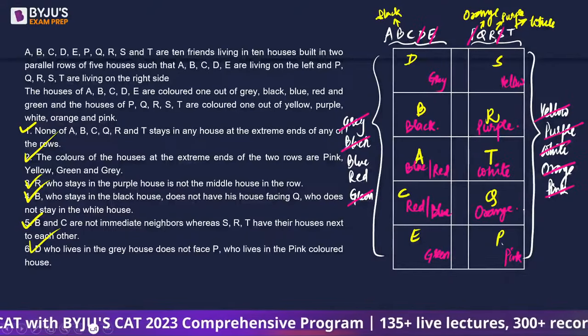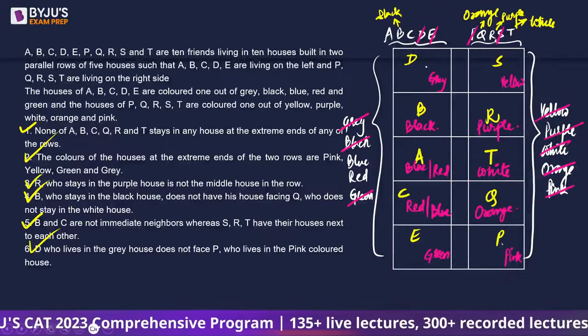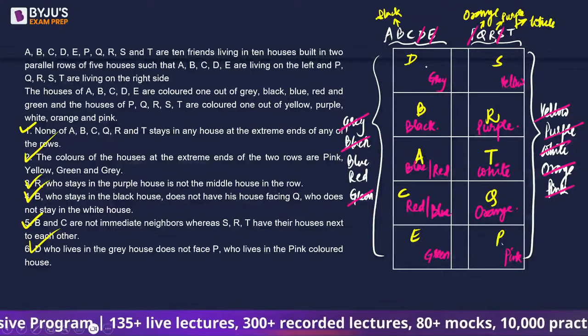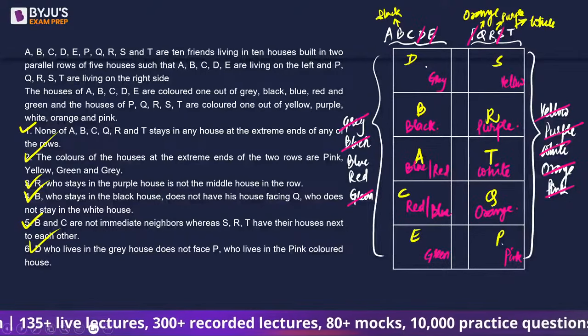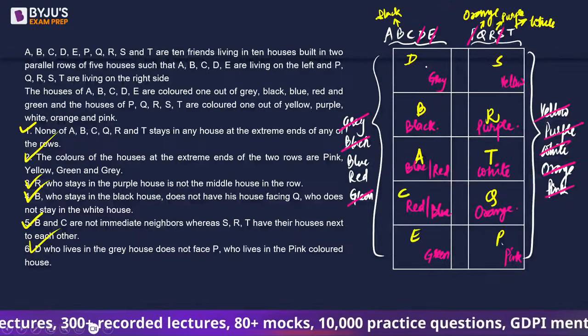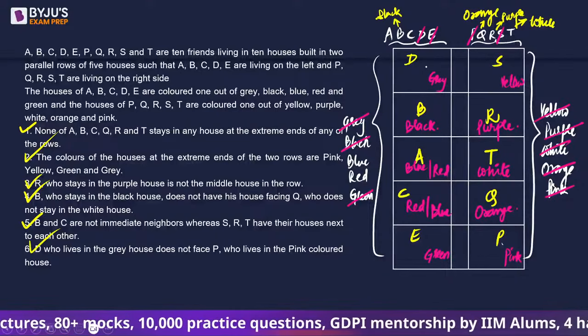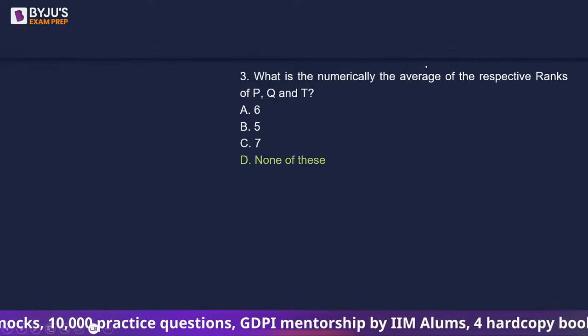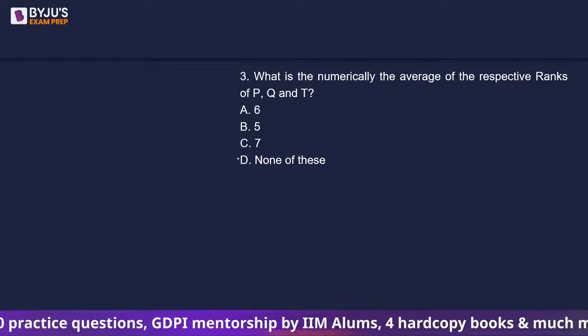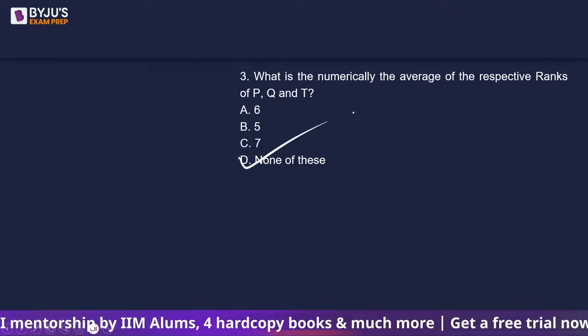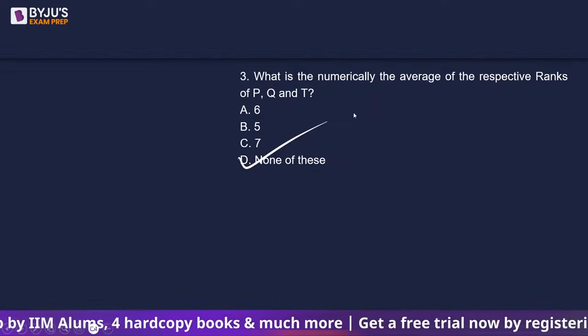But then the thing is, D can take the bottom cell. D and E can interchange, and accordingly S and P will interchange. So obviously we would not know whether TQP are the bottom 3 people or they are the top 3 people. So obviously we won't be able to determine it, right? So इनमें से कोई नहीं होगा. 5, 6, 7 इसमें से कोई भी rank नहीं होने वाला. Rank here would mean their position.